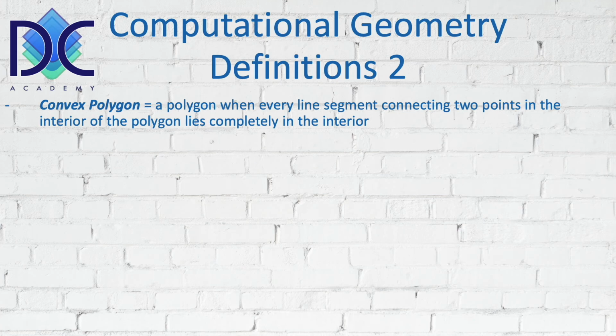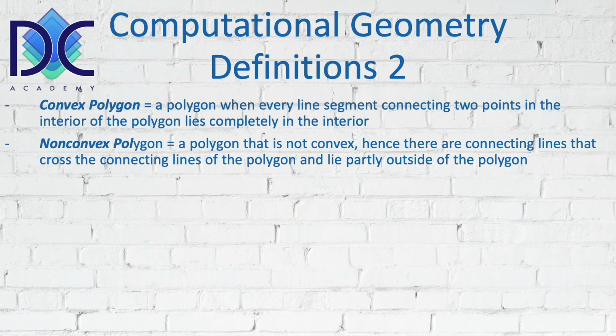So basically, when we connect the points of the polygon, that connection, that line segment, is completely within the interior of the polygon. We have a non-convex polygon, which is basically a polygon which is not convex. So there are connecting lines that cross the connecting lines of the polygon and lie partly outside of the polygon. We will look into some examples like that.